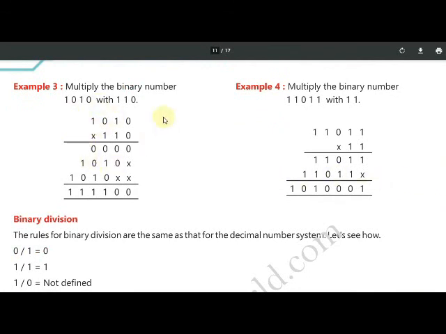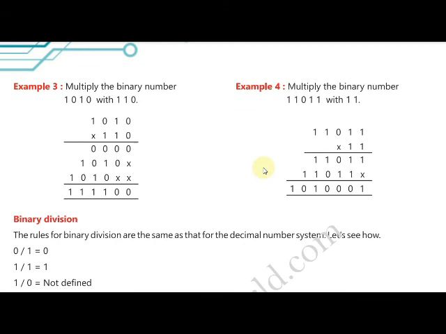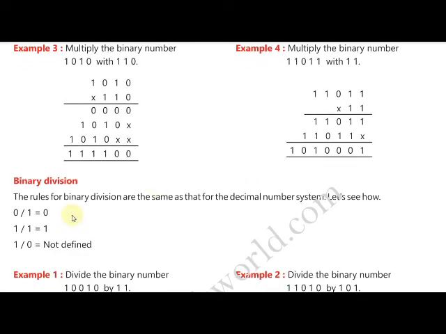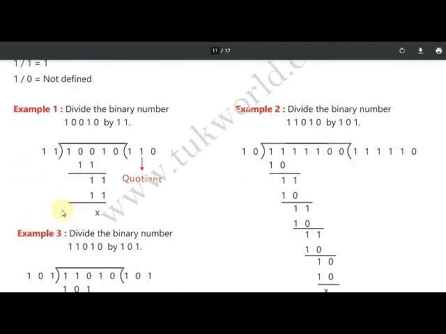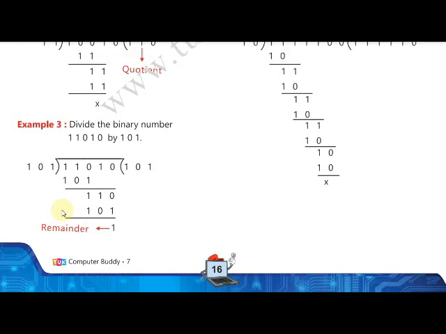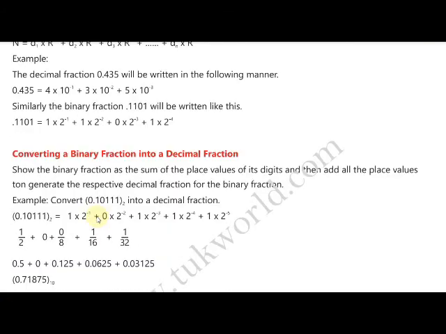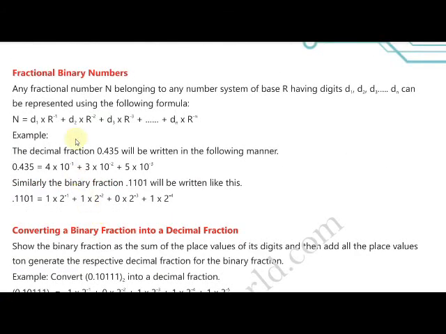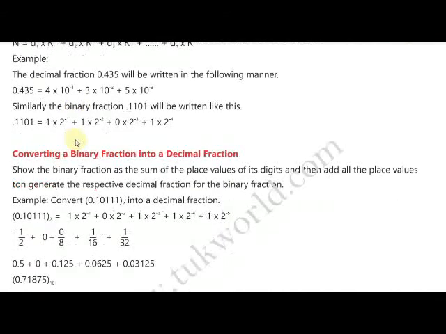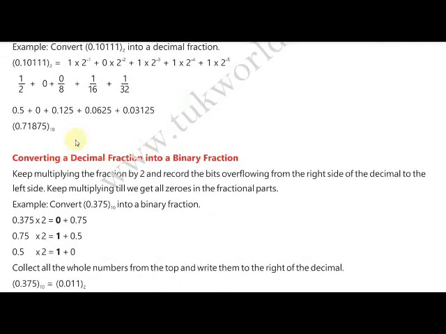We have to follow the same method which we followed in example 1, and for addition we follow the same rules which we followed while calculating the binary addition in the last point. And we'll see binary division, and one more very important point, fractional binary numbers. We're going to cover these points in the next session.